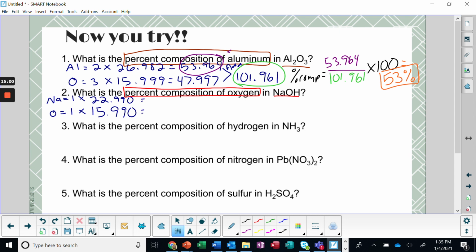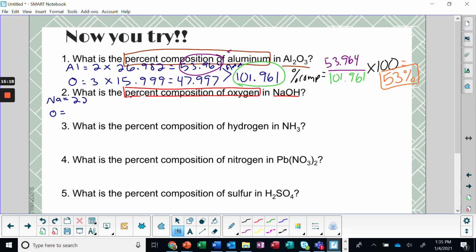Okay. It's basically the same thing, right? So I'm not even going to finish doing that part. I'm just going to erase that. I'm just going to put the masses so I don't run out of room. Leave yours there. Just go ahead and put 1 times it and then finish it out.